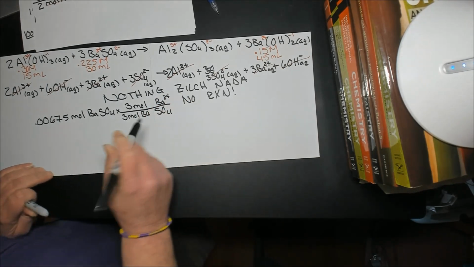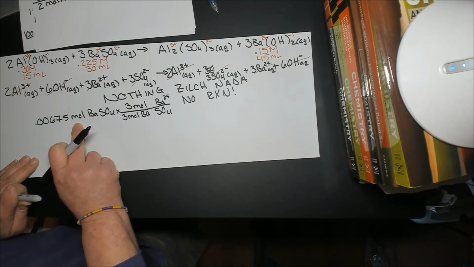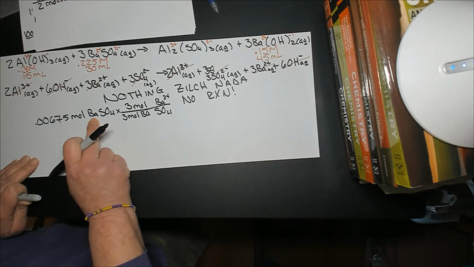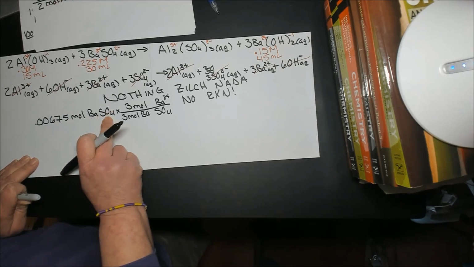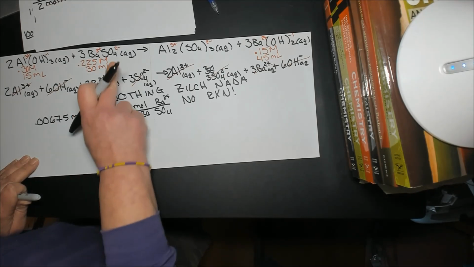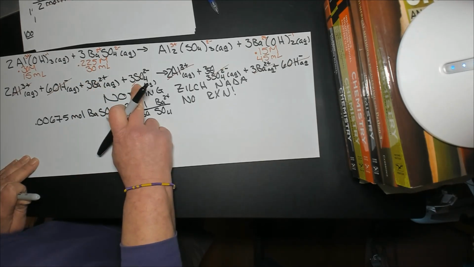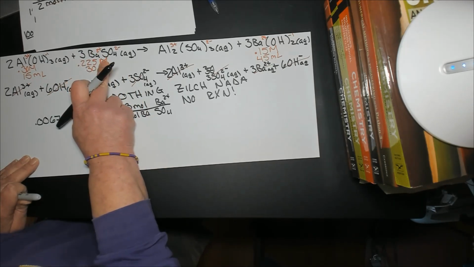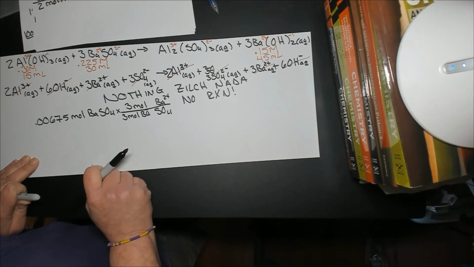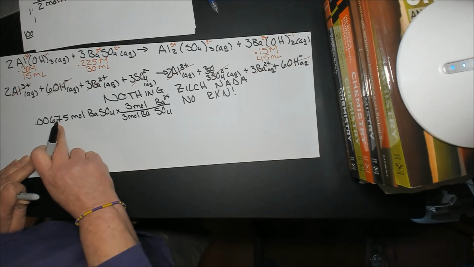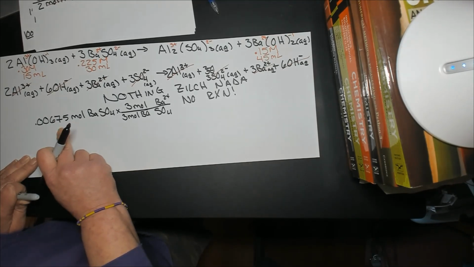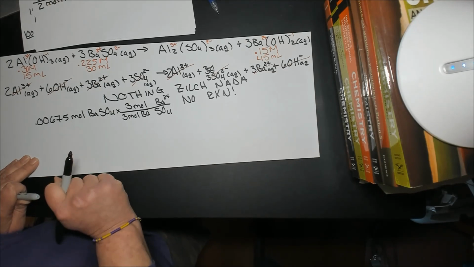So that tells me that I have 0.0065 moles of barium, or Ba2+, and because this is also going to be the same thing, I have 3 moles of SO42- to 3 moles of BaSO4. Well, that's a 1-to-1 ratio, so I'm also going to have 0.00675 moles of barium sulfate.